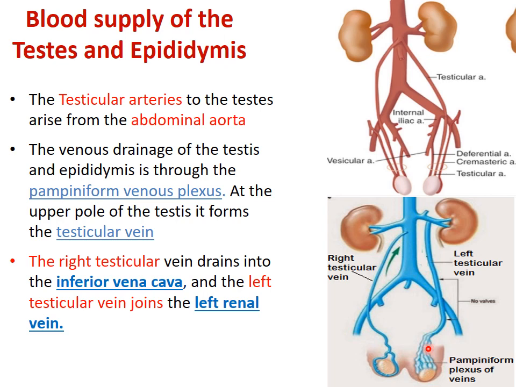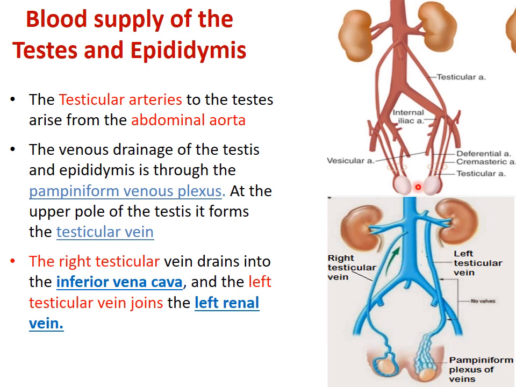So within the spermatic cord, there is a venous plexus called the pampiniform venous plexus. And where will it drain? It drains differently on the right side and the left side. On the left side, it drains into the vein that is draining the kidney, called the renal vein. On the right side, the pampiniform plexus forms the right testicular vein, and that right testicular vein drains directly into the inferior vena cava in the abdomen, right?